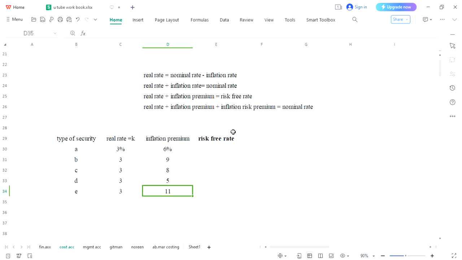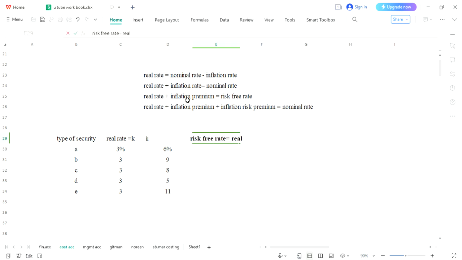And now we need to calculate our risk-free rate. How? We have already decided real rate and inflation premium would be added. Let's write this formula. Real rate and add inflation premium.